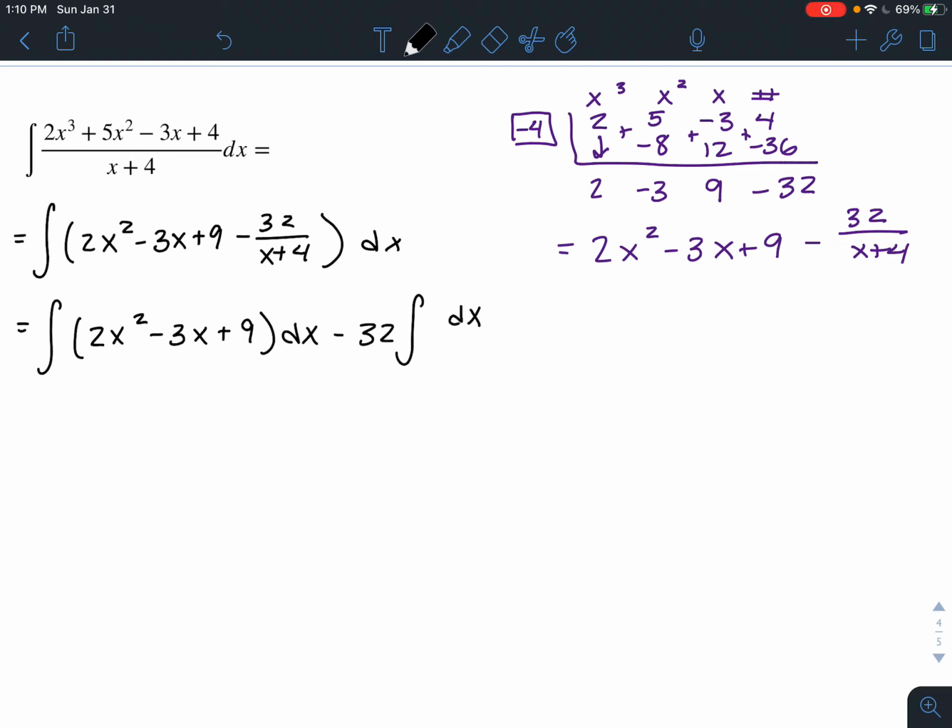That's just my inclination. Now I can really easily integrate the first one. Using my power rule, I would get 2 times x cubed over 3 minus 3 times x squared over 2 plus 9x. Technically plus c, but you only need one constant of integration, so I'm not going to put that on yet since I still have to integrate the other one.